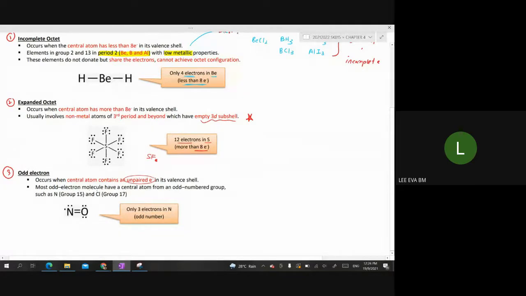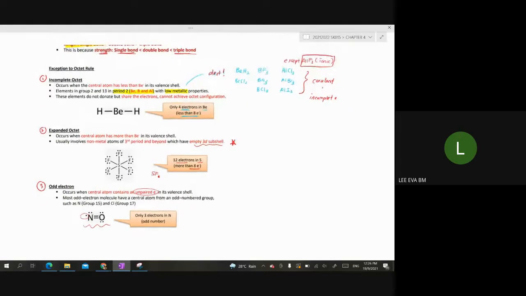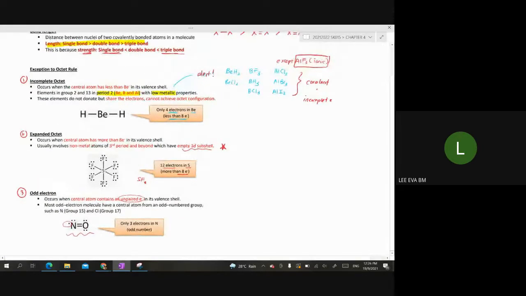Most odd electron molecules have the center atom from an odd number group, usually group 15, nitrogen, group 17, chlorine. As you can see in the example over here, NO, nitrogen having the single unpaired electron, so an odd number of electrons. So there are the 3 exceptions to the octet rule: incomplete, expanded, and odd electron.